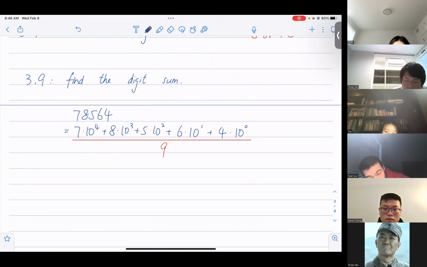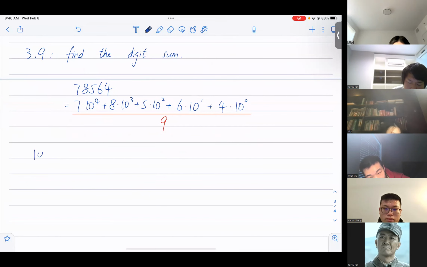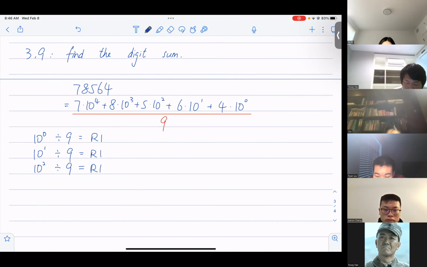So let's look at remainders. For example, you can start with 10 to the 0th. 10 to the 0 divided by 9, of course, the remainder is 1, right? 10 divided by 9, the remainder is also 1. 10 squared divided by 9, because you have 99, the remainder is also 1, right?